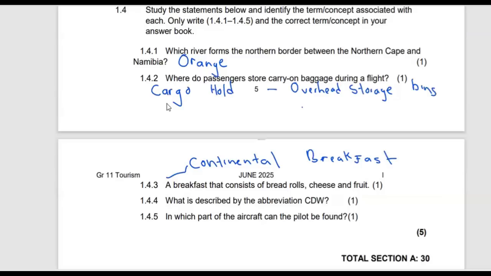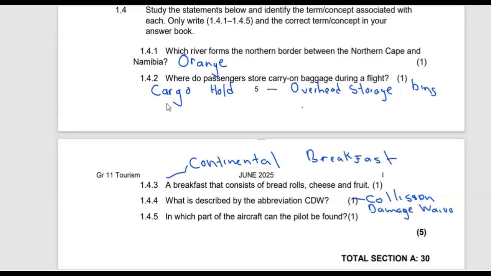Then the next question reads, what is described by the abbreviation CDW? CDW is a type of insurance which is known as collision damage waiver.